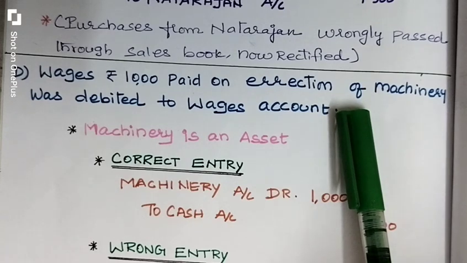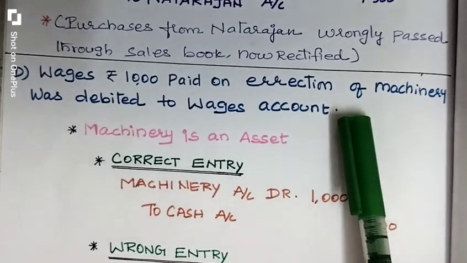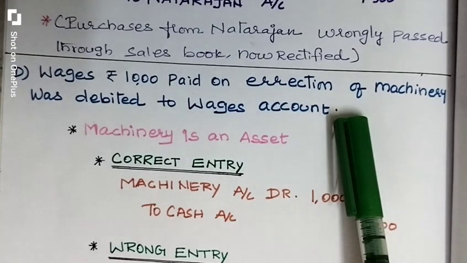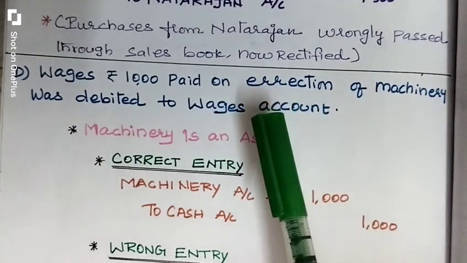Whenever you purchase a new asset and spend on carriage expenses or transportation expenses, you can't enter them into a separate carriage account or separate transportation account. You have to enter them into the machinery account.